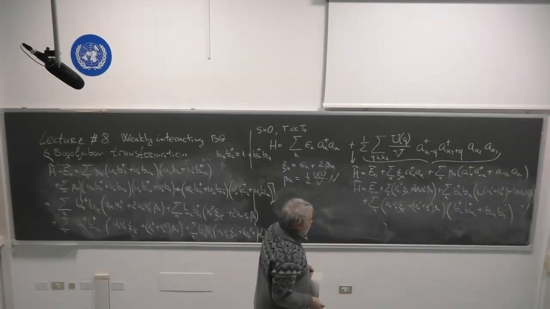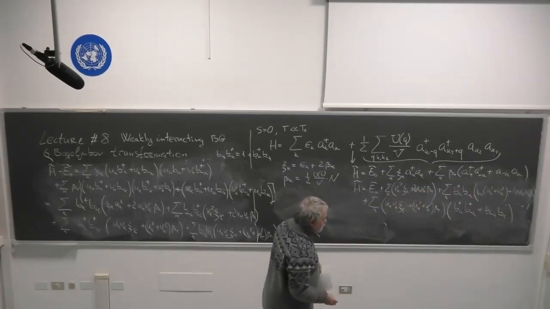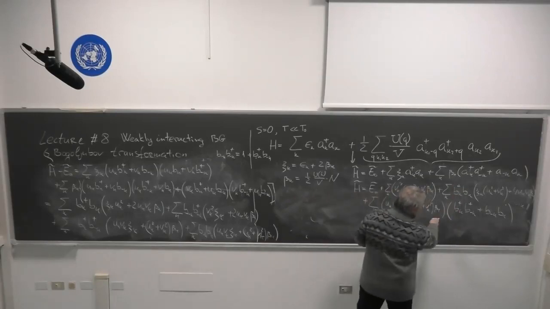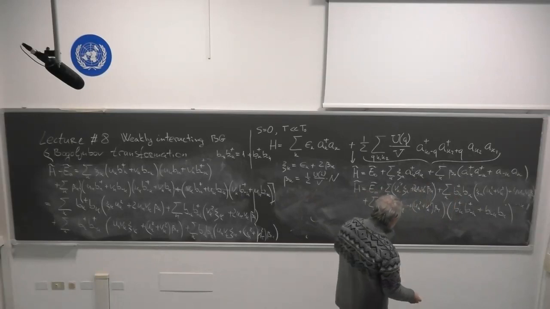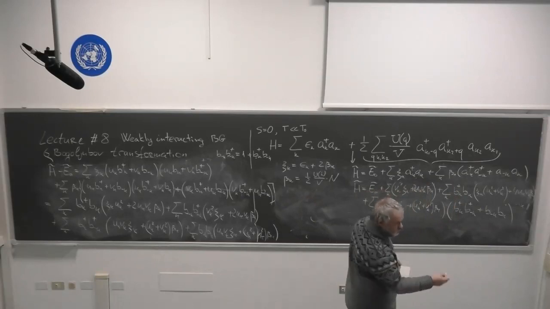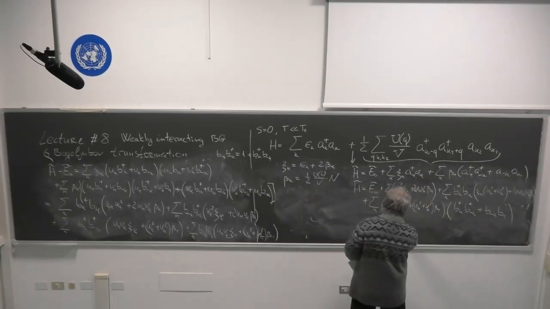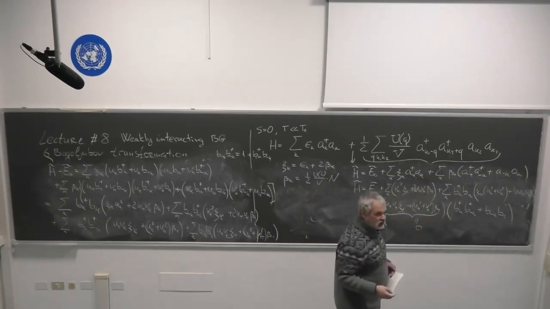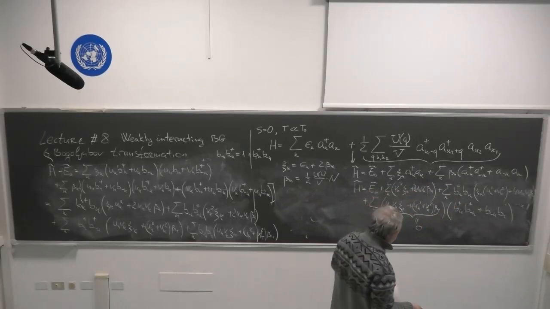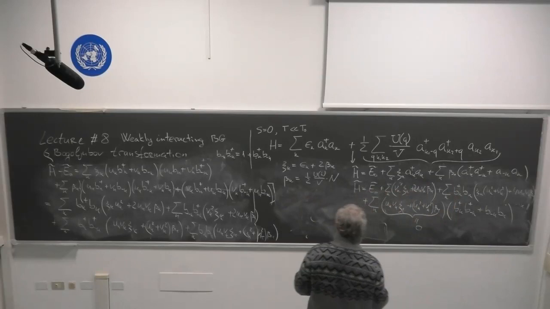Good. You see that I'm going to request that this term should be equal to 0. And therefore, in order to get this term equal to 0, I request that this coefficient is equal to 0. It will give me the second condition and second nonlinear equation to solve.